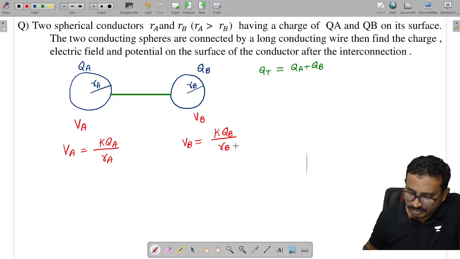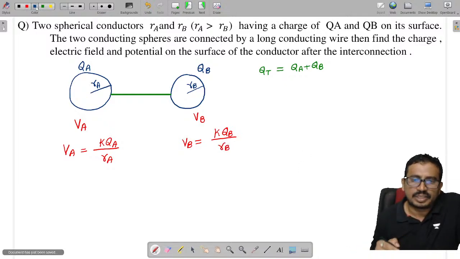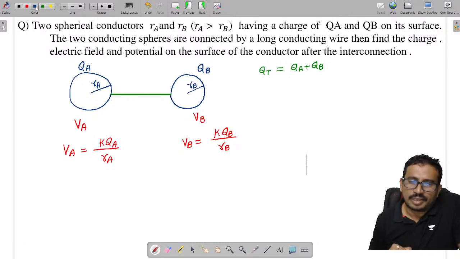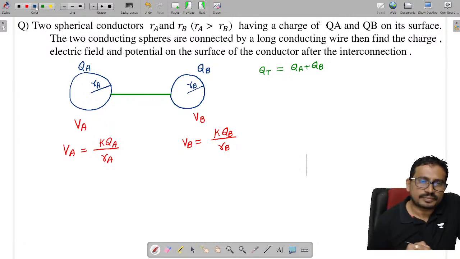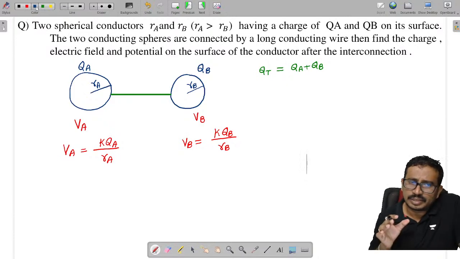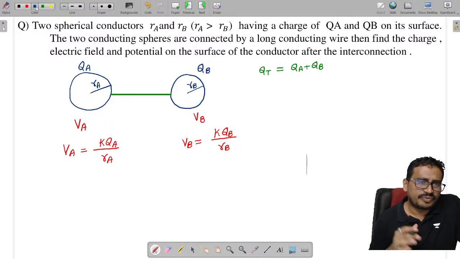These are the charges and potentials on the two spheres before the connection.